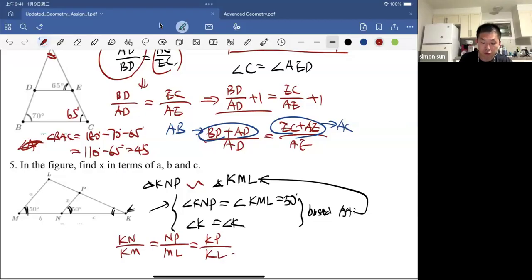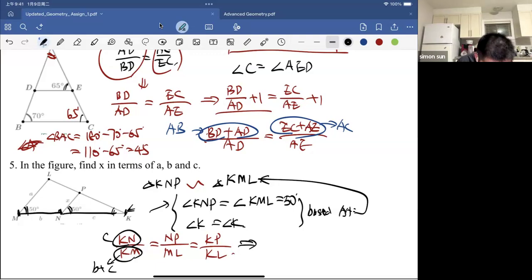The next step is we can just plug in the letters. KN is actually c. KM is b plus c, because KM is actually MN plus NK.